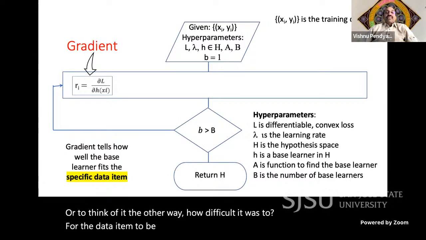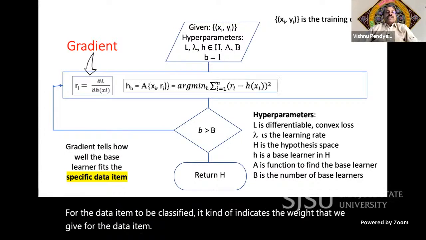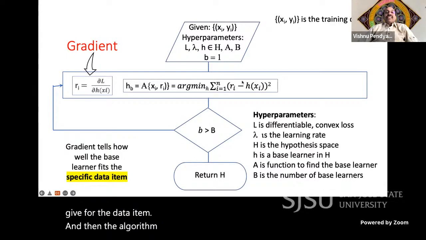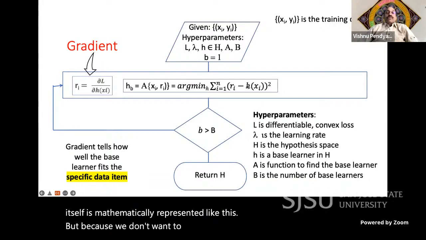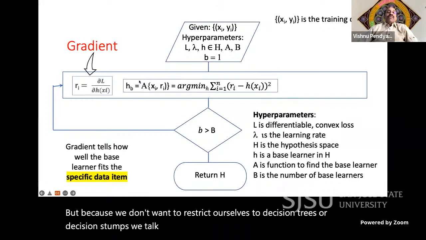It kind of indicates the weight that we give for the data item. And then the algorithm for generating the decision tree or decision stump itself is mathematically represented like this. But because we don't want to restrict ourselves to decision trees or decision stumps, we talk generally in terms of a function A, which minimizes the loss.